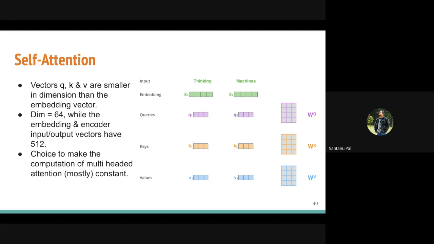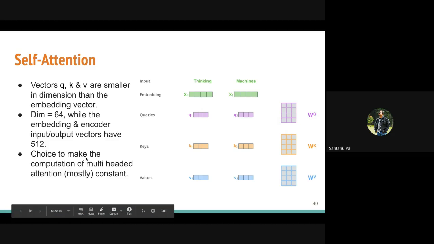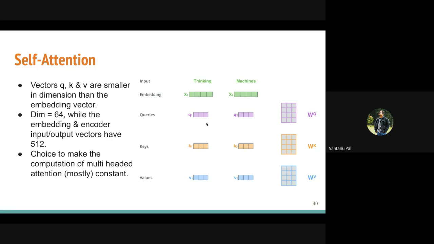If you divide 512 by 8, it will be 64. So the input dimension was 512, but the query, key, and value dimension is 64.